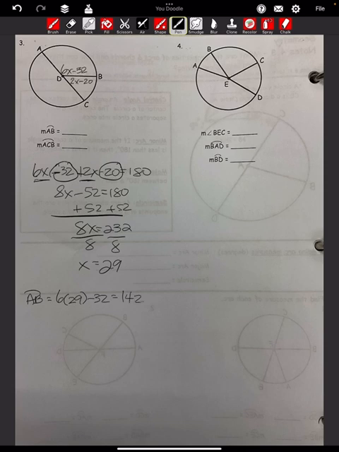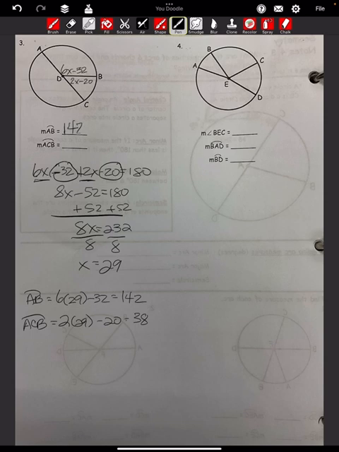When we plug that in, we should wind up with 142. And for the second one, which was ACB, we're going to say 2 times 29 minus 20. That's going to be equal to 38.